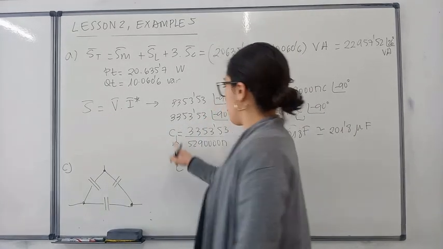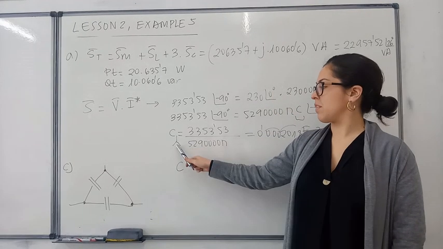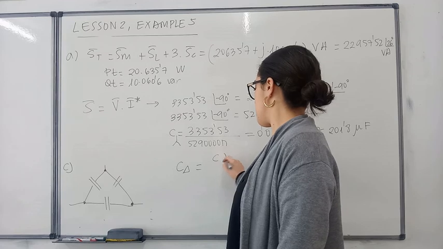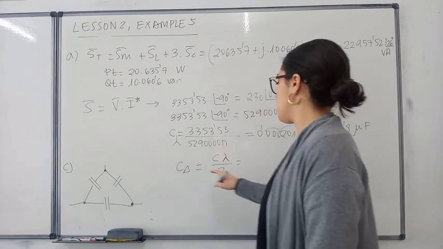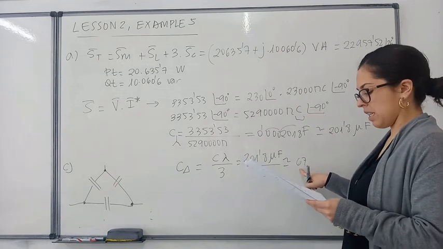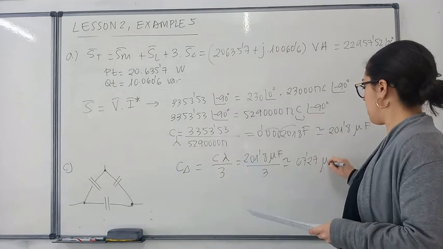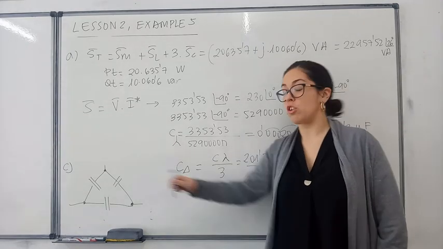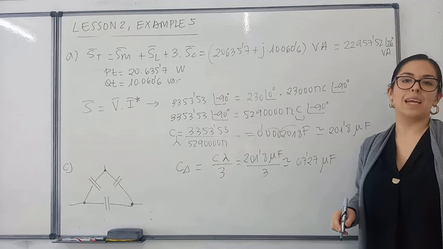There is a formula which relates the capacitance in star with the capacitance in delta: the capacitance in star divided by 3 gives the capacitance in delta connection, approximately 67.27 microfarads. So this is the capacitance of each of these capacitors when they are connected in delta.